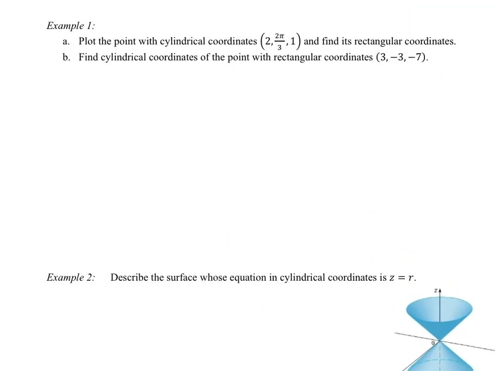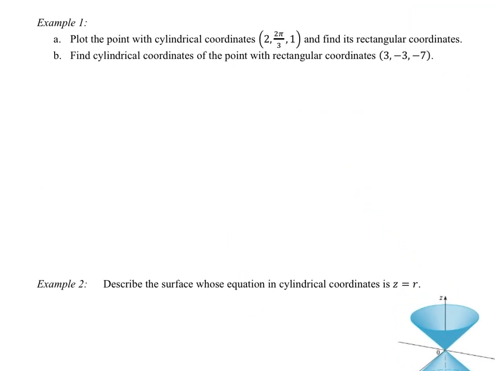In example 1, we are going to attempt to plot the point and then convert coordinates. Let's say we have our z, y, and x axes, and we're going to plot the point 2, 2 pi over 3, and 1.